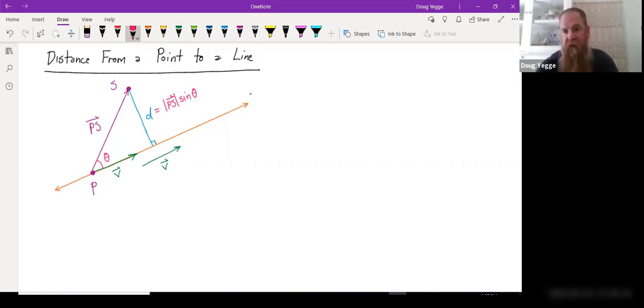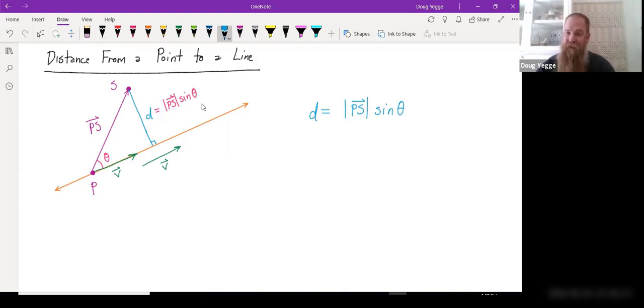So multiply both sides by the hypotenuse and we get that d is equal to the magnitude of PS times sine theta. And so we now have a formula technically to find the distance from a point to a line. That formula is that the distance is equal to the magnitude of the vector PS times sine of the angle between v and PS.